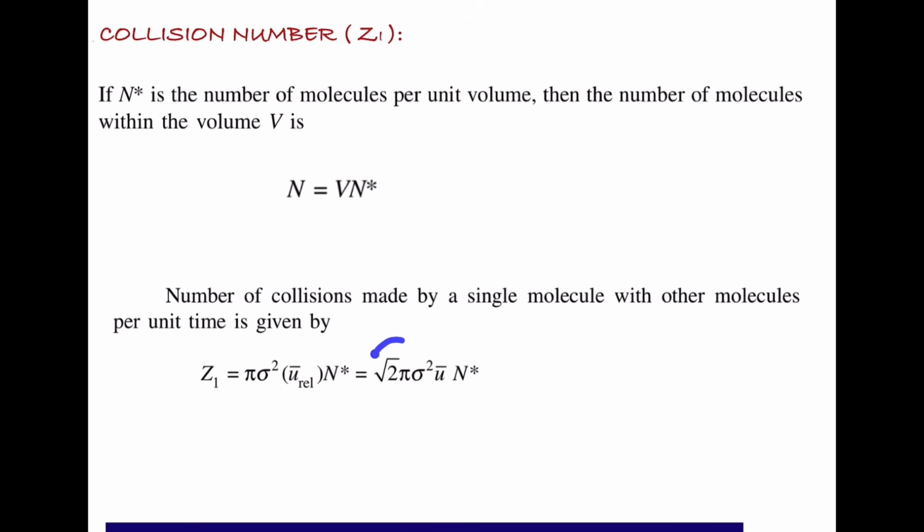If you see the terms, root 2 times U average is the relative velocity of the gas molecule, sigma is the collision diameter, or we can also say collision radius, and n star is the number of molecules present per unit volume.